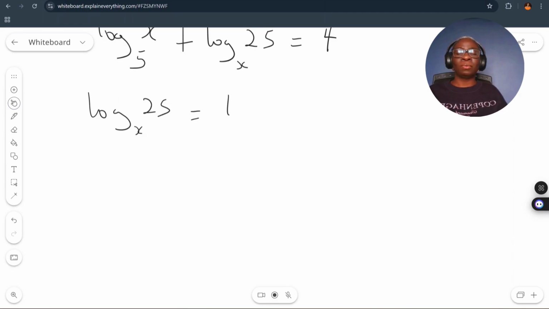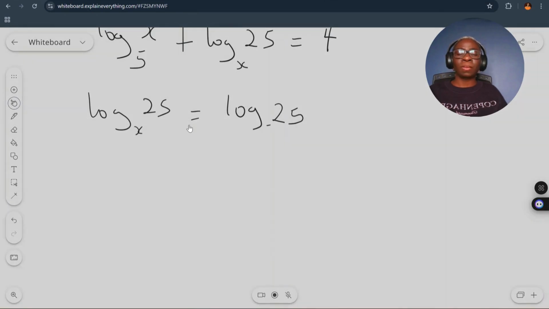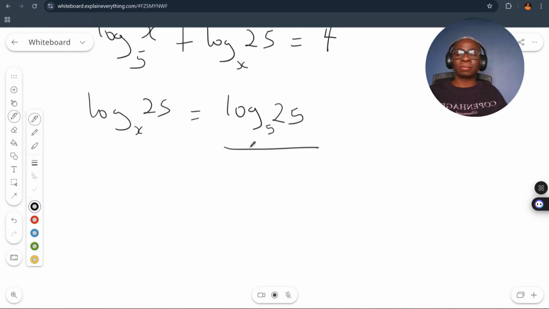Since we have base 5 here, we will change the base to base 5, so that we have log 25 base 5 over log x base 5.